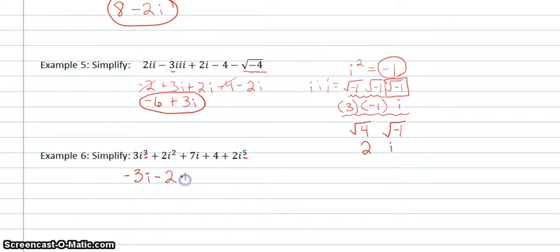Now the 7i we can't simplify or change, we're just going to leave that as it is. The 4 we're going to leave as it is. Now the 5, let's look at how that would split up. So we basically have those 5 i's being multiplied together, which are all the square root of -1.